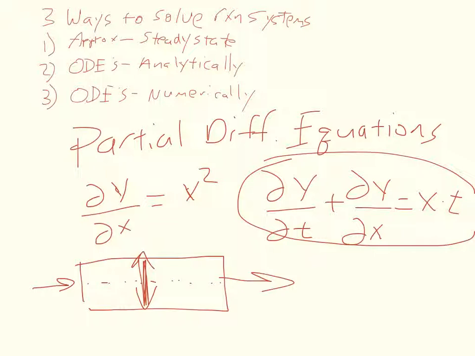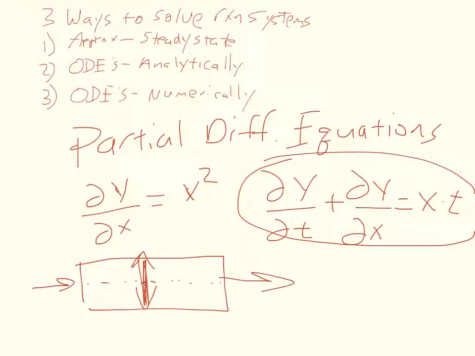But if there is a concentration gradient from the center of our reactor to the walls, that's when we have to worry about using an equation like this, a partial differential equation, where we have a dependence not only on the time or length along this direction, but also along the radial direction.